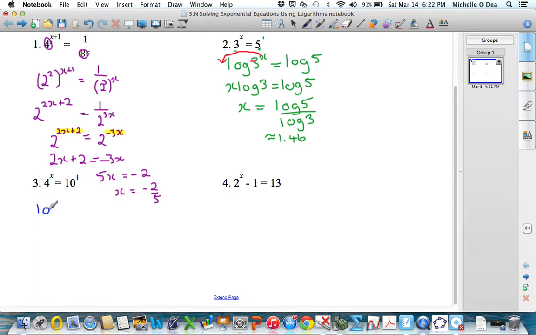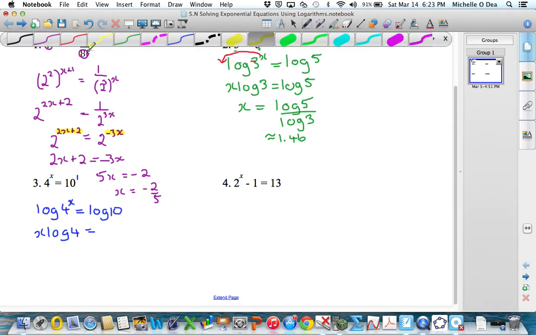So we literally just say log of 4 to the power of x equals log 10. Then we want the x by itself, so we bring that x down the front just using that power log rule. So we have x log 4. Now, something interesting we can do here, remember there is actually, even though it's not written there, log of base 10.